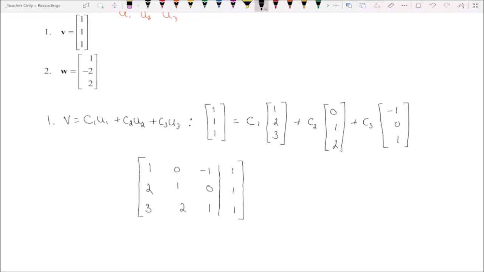And then we would perform row reduction on it. I'm going to use that symbol to represent "is row equivalent to" a specific matrix. So what we want to do now is row reduce this matrix, and I'm going to show you how we can do this using technology.